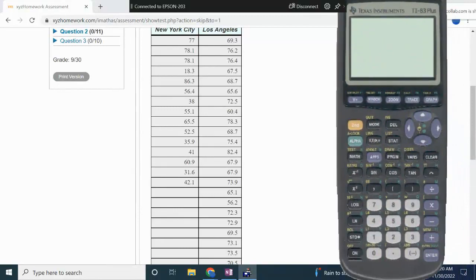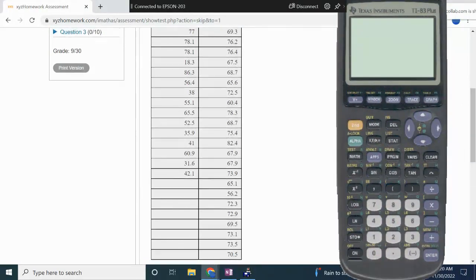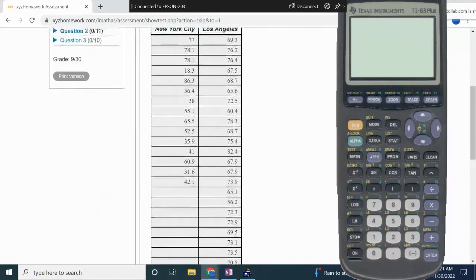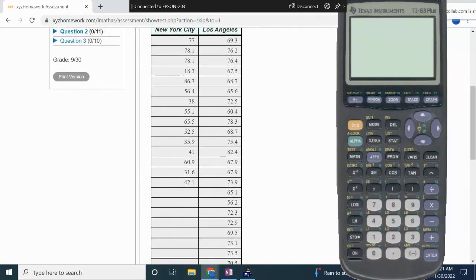So for this problem, the first thing you want to do is go into stat. You want to go into your list, so you want to hit edit.